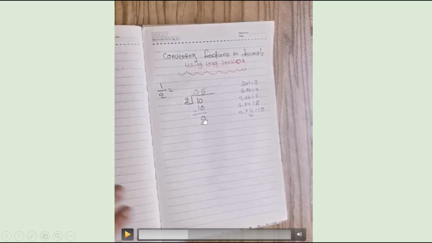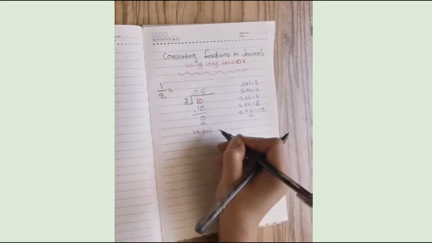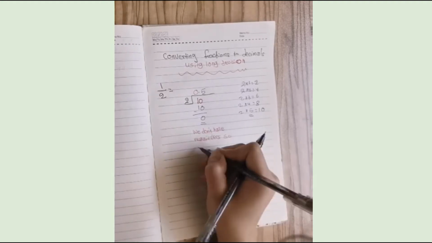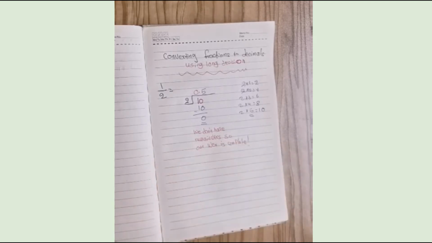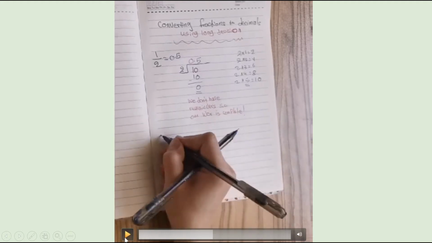Now, 10 minus 10 is 0, so we don't have any remainders. When we don't have any remainders, our work here is complete. So 1 out of 2 equals 0.5.